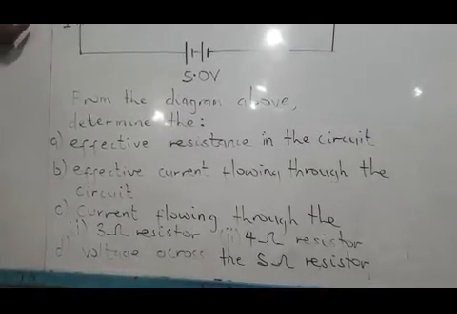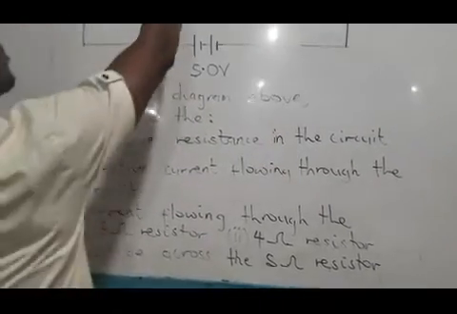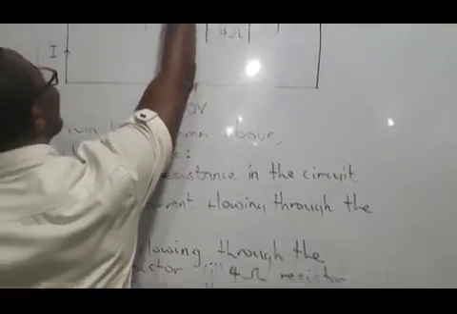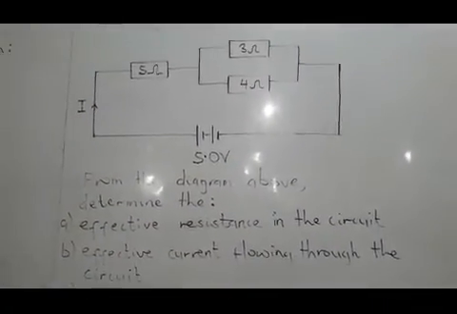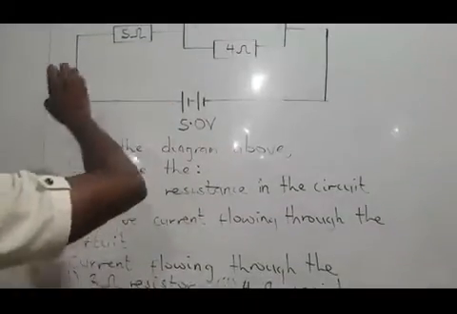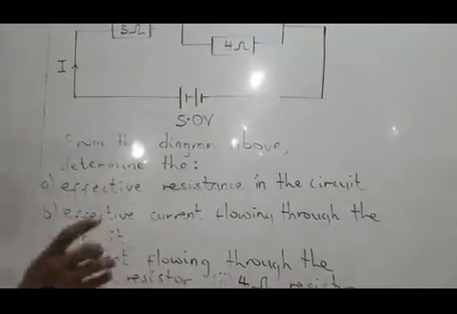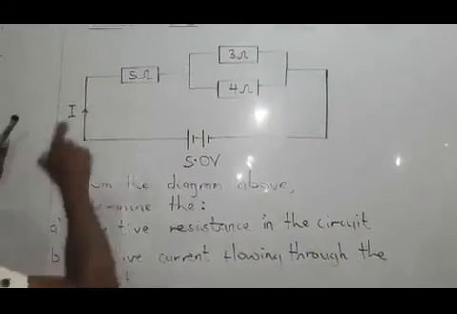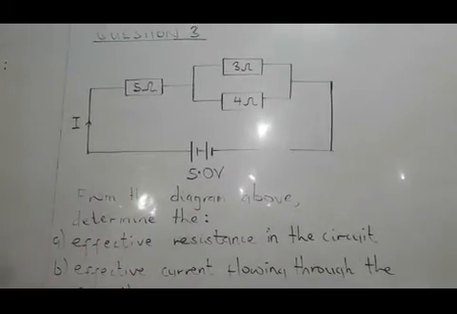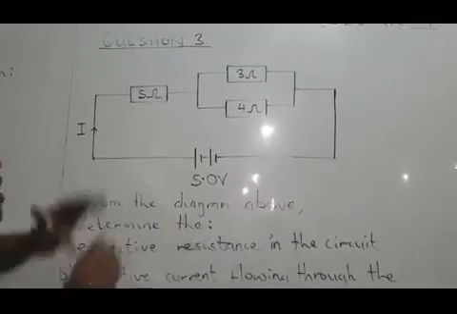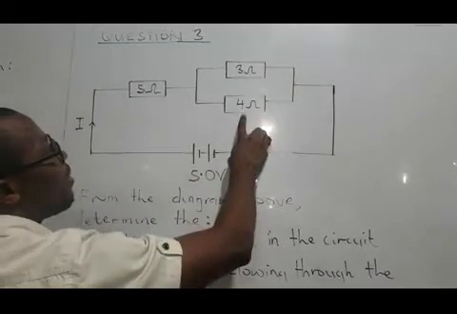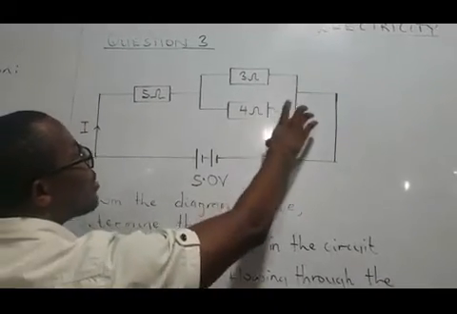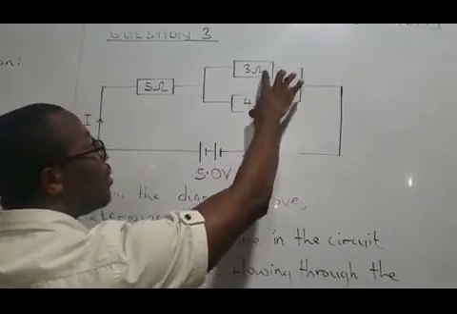So, as I said in the previous questions that we solved in the last section, in question 1 we had a case where the resistors given were in series. In question 2, the resistors given were all in parallel. But if you look at this, we have 3 resistors. Of these 3 resistors, these 2, the 3 ohm and the 4 ohm resistors, are in a parallel connection.